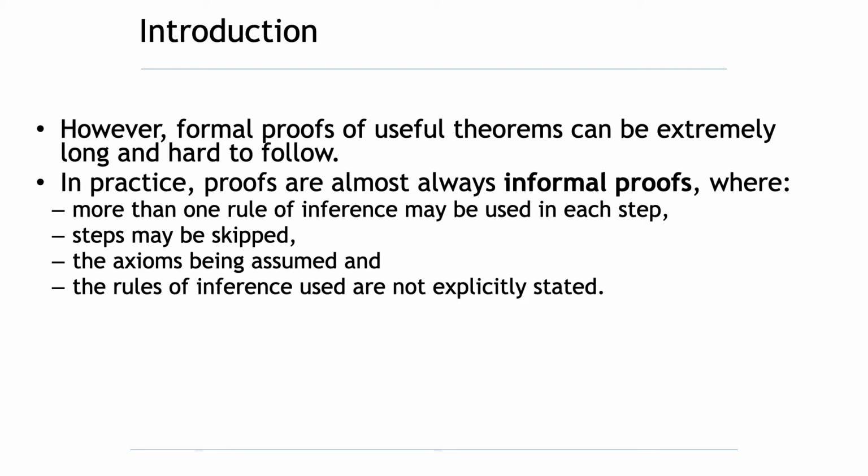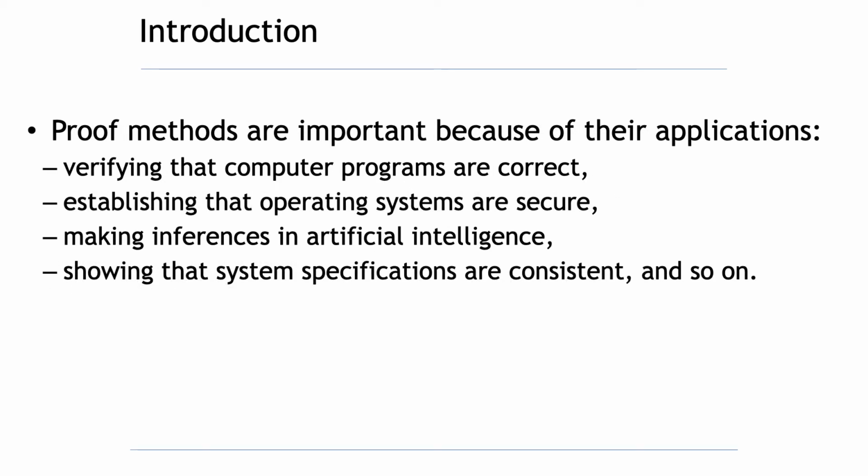Informal proofs can often explain to humans why theorems are true, while computers are perfectly happy producing formal proofs using automated reasoning systems. Obviously, the computer cannot make an informal proof. Proof methods are important because of the applications.